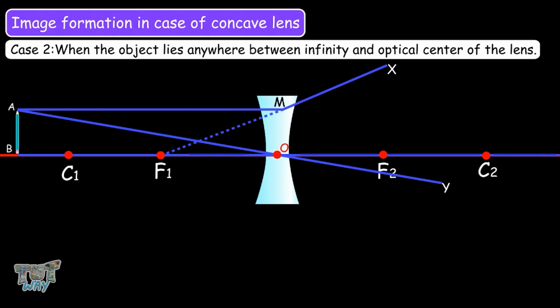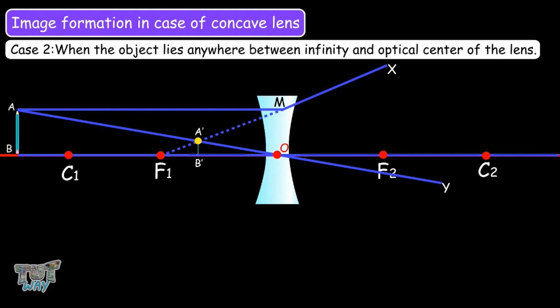So, both the light rays diverge but appear to meet at the point A'. By drawing a perpendicular line from A' to the principal axis, we get the point B'. The image formed is A'B'. It is virtual and diminished, and we know that virtual images are erect or upright.